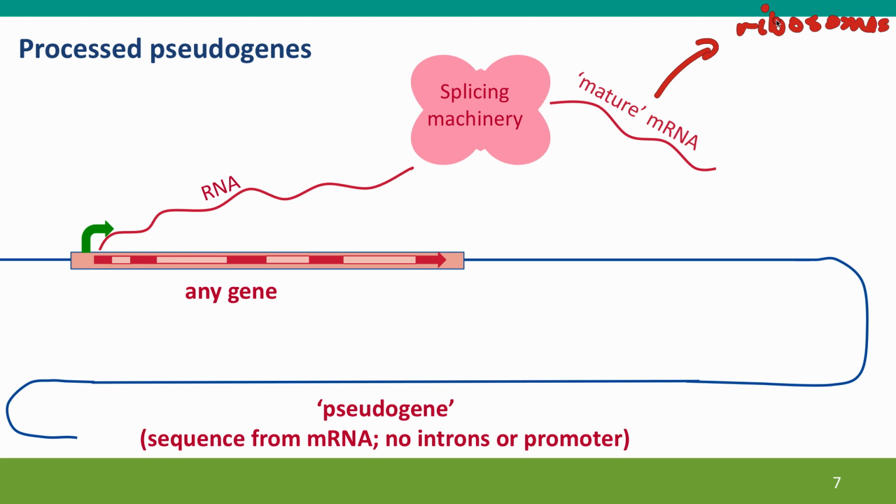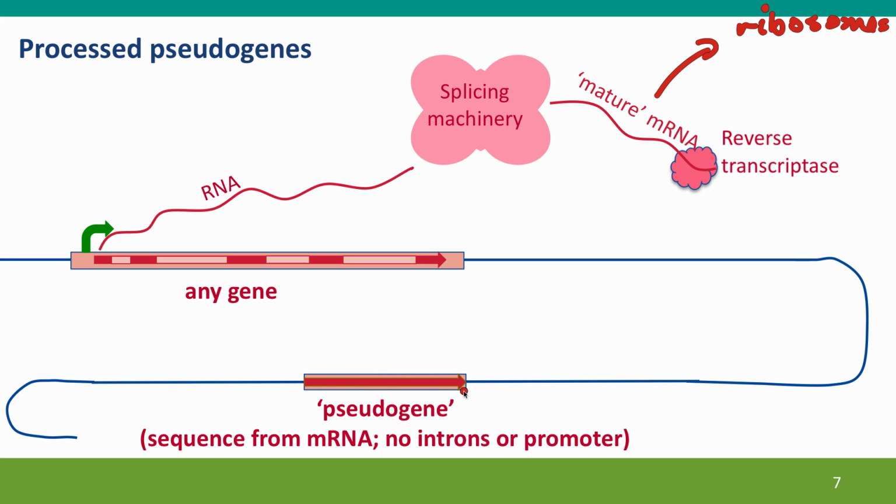But sometimes, instead, this mature messenger RNA encounters a reverse transcriptase that uses it as a substrate. And that reverse transcriptase makes a DNA copy of the mature messenger RNA, double-stranded DNA, and then inserts that into the chromosome or a different chromosome.